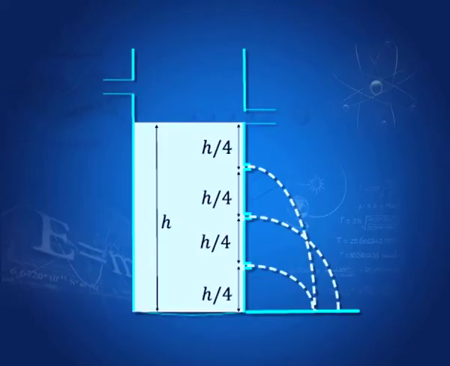This is at a depth of h by 4, this is at a depth of h by 4 plus h by 4, that is h by 2, this is at a depth h by 4 plus h by 4 plus h by 4, that is 3h by 4. So, we have 3 holes. Let us label them 1, 2 and 3: 1 at a depth of h by 4, 2 at a depth of h by 2, 3 at a depth of 3h by 4.